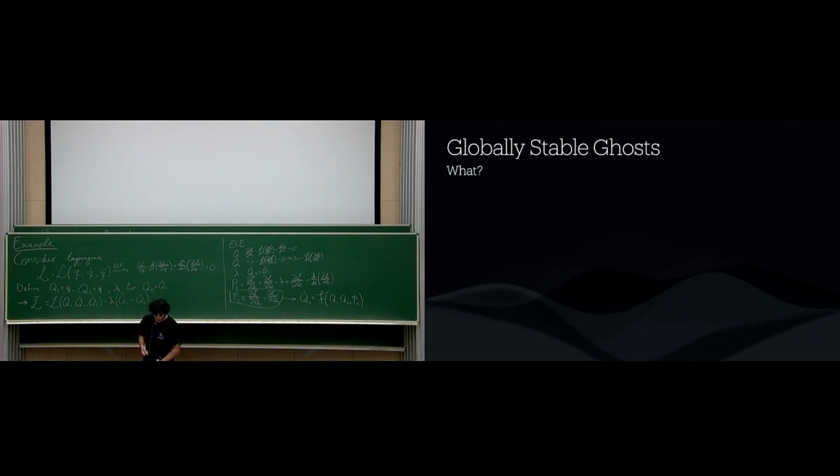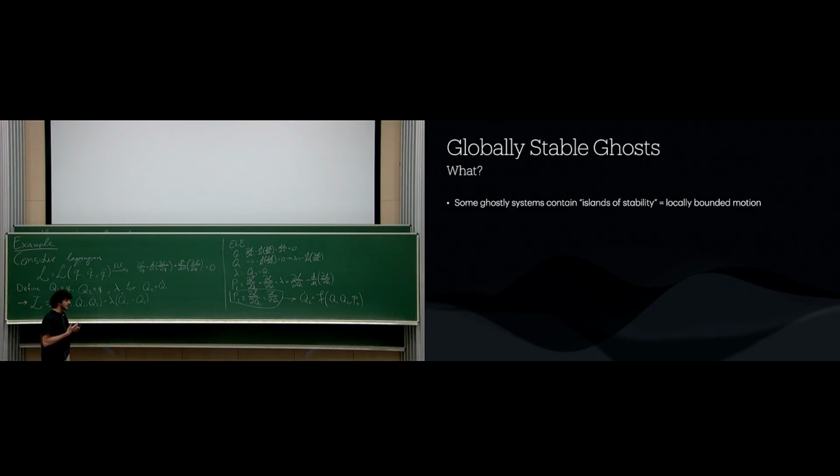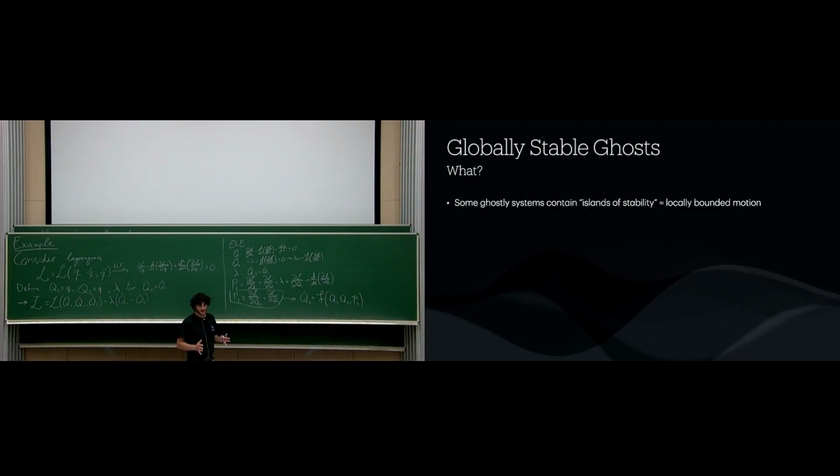Globally stable ghosts. Up until now, basically what I've said is that in theoretical physics we have many times these degrees of freedom that show up that make our systems potentially unstable. Generally that is the case, and for a long time people thought this was always going to be true, Ostrogradsky's theorem, et cetera.